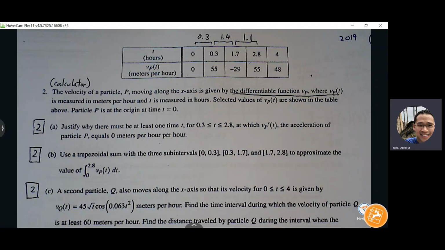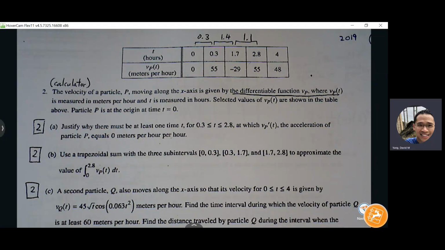Right, number 2: the velocity of particle P, which moves along the x-axis, is given by a differentiable function, where velocity is measured in meters per hour and t is measured in hours. Select values of v of t are shown. Particle P is at the origin at time equals 0.